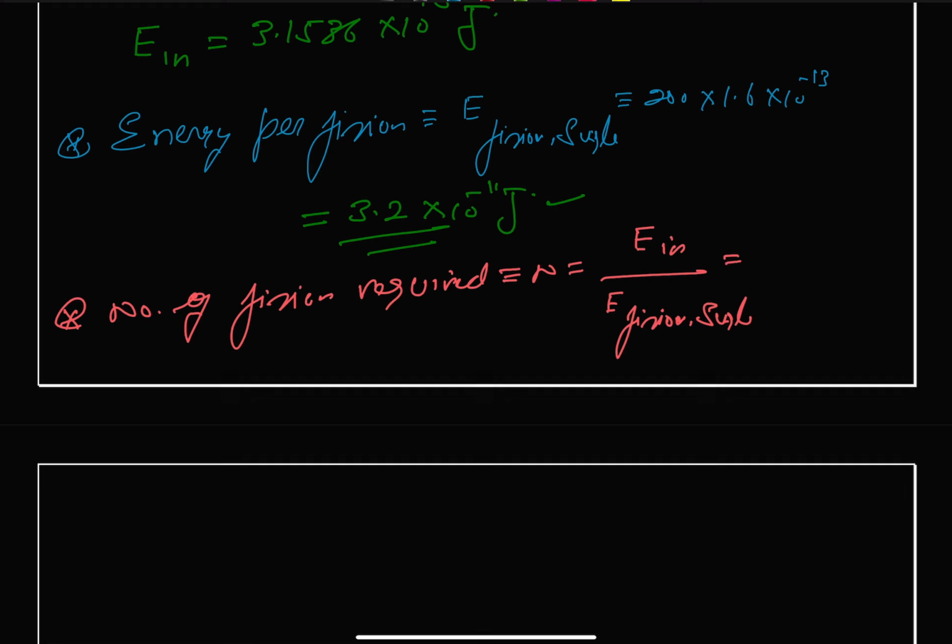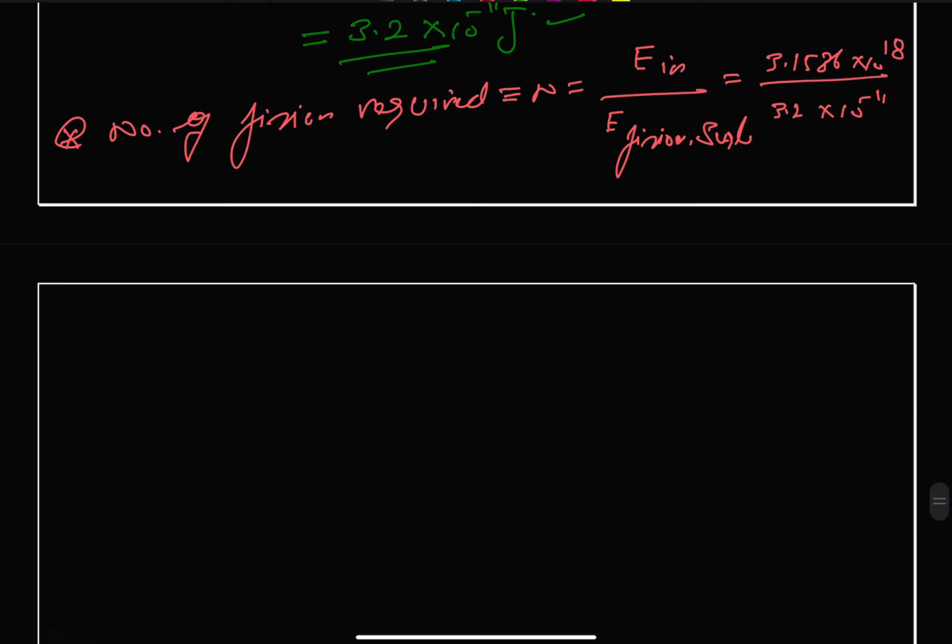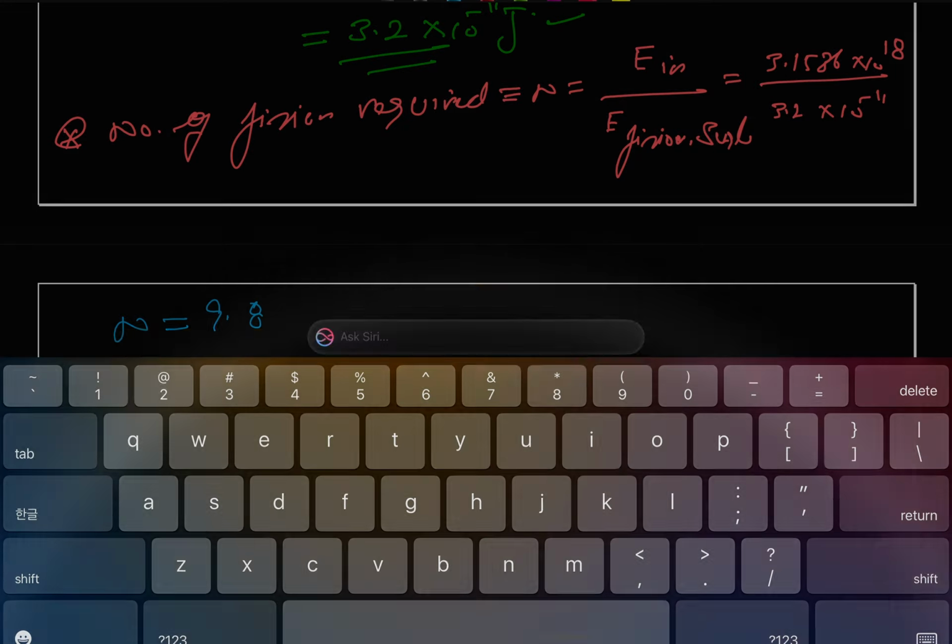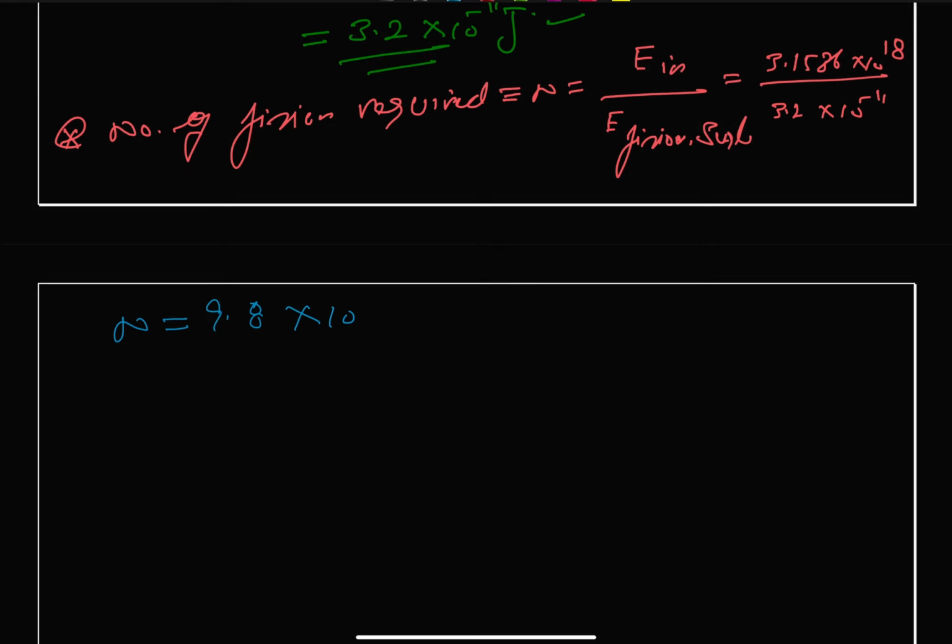This gives us 3.1536 into 10 to the power 18, and this is 3.2 into 10 to the power minus 11. So we get value of n is equal to 9.8 into 10 to the power 28.